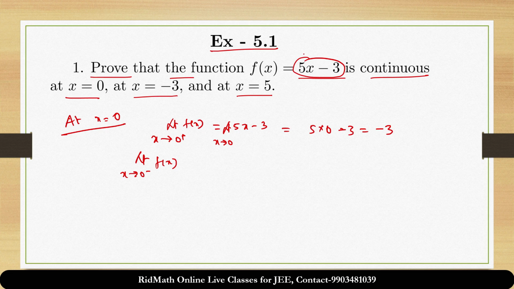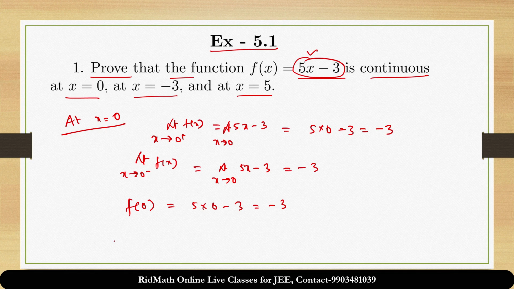There is one definition for f(x), so we will replace everywhere f(x) as 5x minus 3. So limit x tends to 0 of 5x minus 3 is also minus 3, and f(0) is 5 into 0 minus 3, that means minus 3.